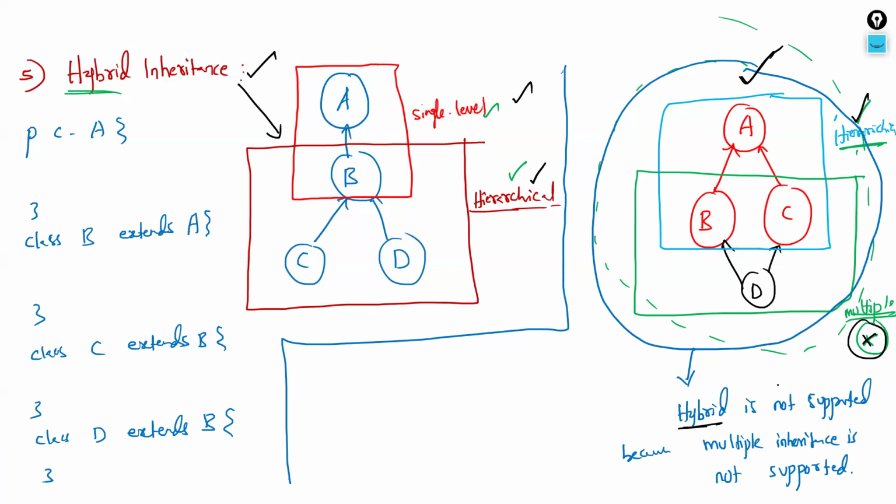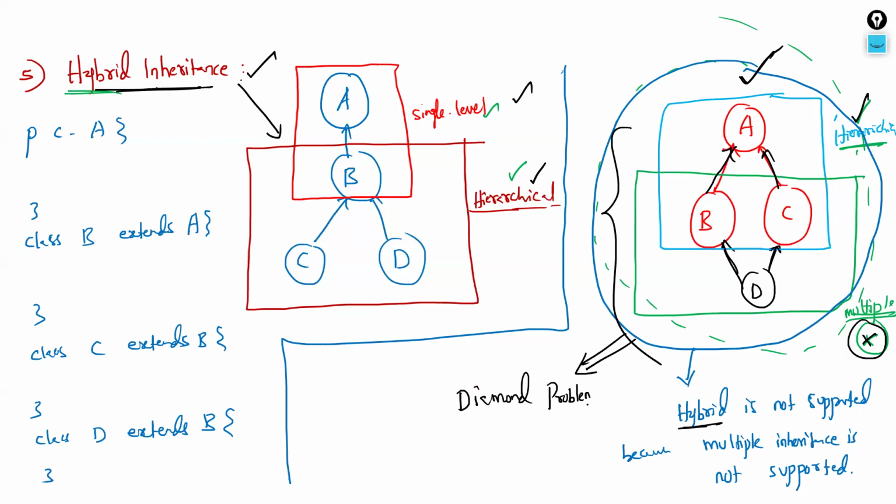Clear? And this looks like which shape? Diamond. So that's why hybrid inheritance is also named diamond inheritance, but only for this combination. I'm not generalizing like the internet; I'm keeping it very specific. This is also called the diamond problem.